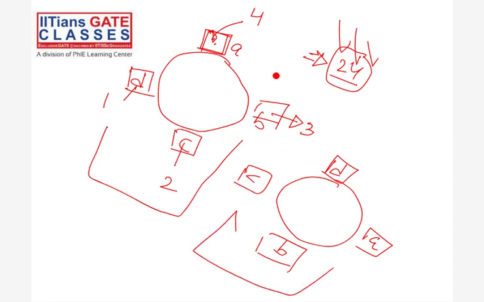Why? Because you can see that in this arrangement every person has the same left and right neighbor. In this arrangement and in this arrangement you can pick any element.